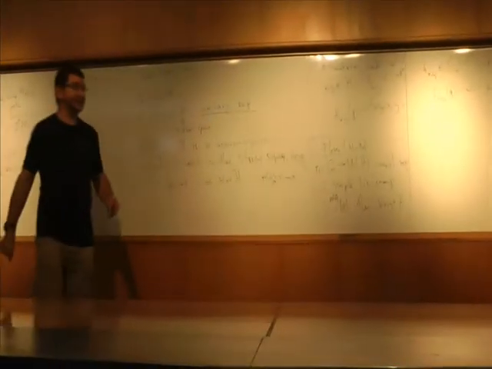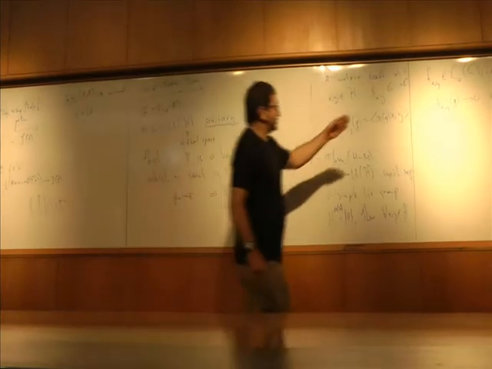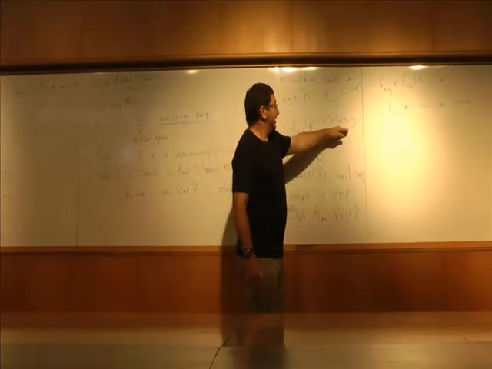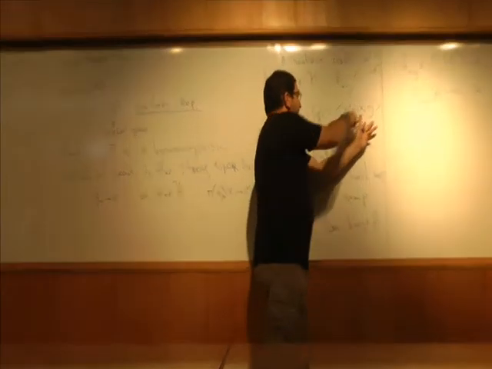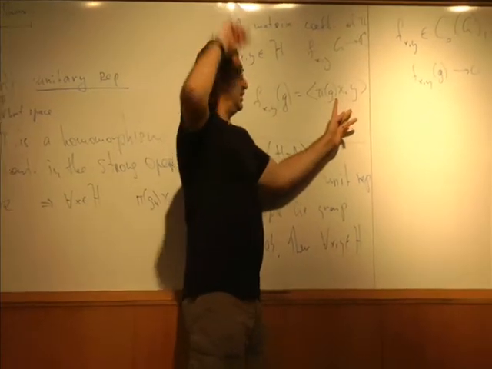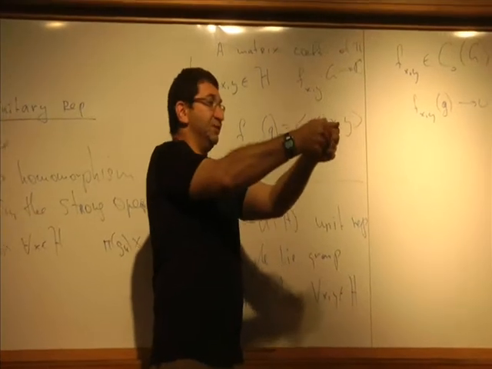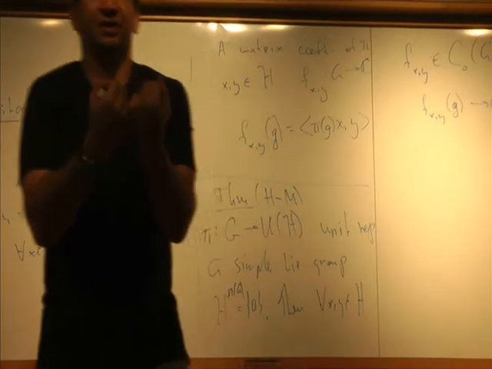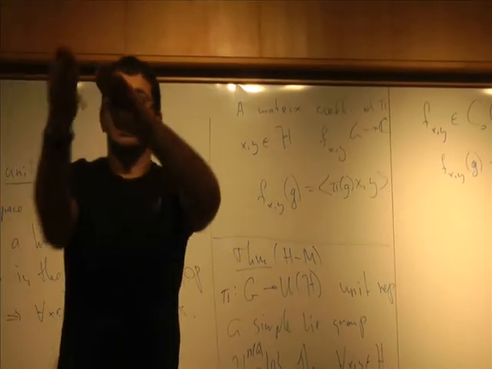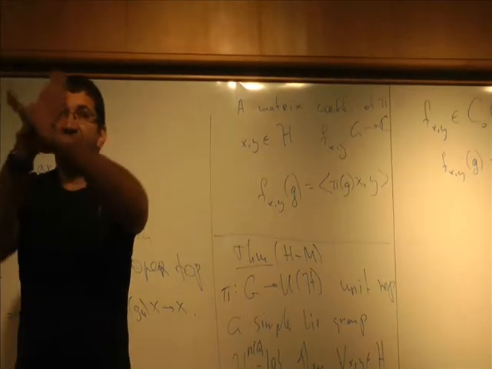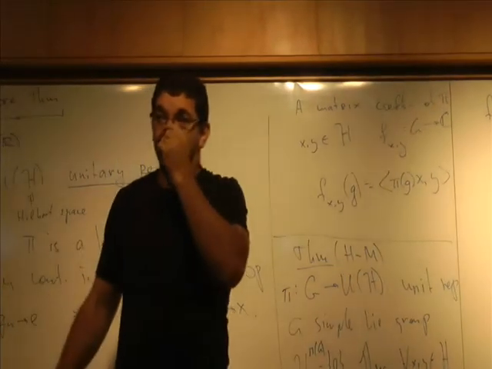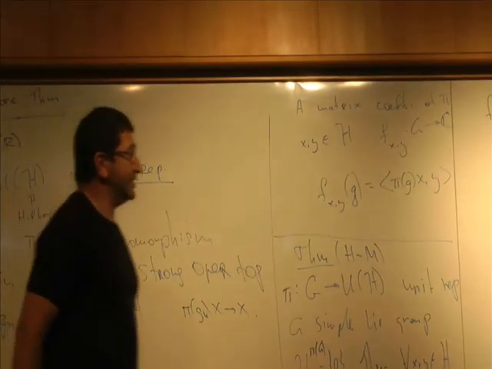So you have a sequence of elements leaving compact sets. Then the matrix coefficients go to 0, or if you look at this, it means that given any two vectors, applying longer and longer elements in the group to one of them, the things become asymptotically orthogonal. Okay, this pi(g)x goes somewhere, but it tries to be in the hyperplane perpendicular to y. Okay, this is the theorem.